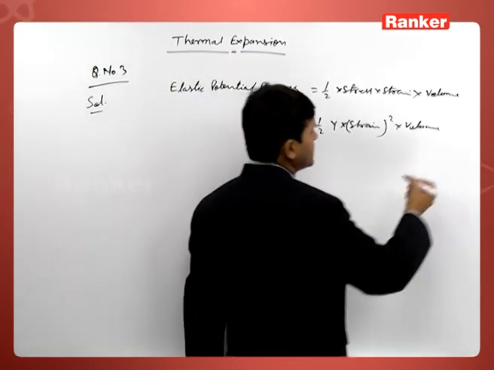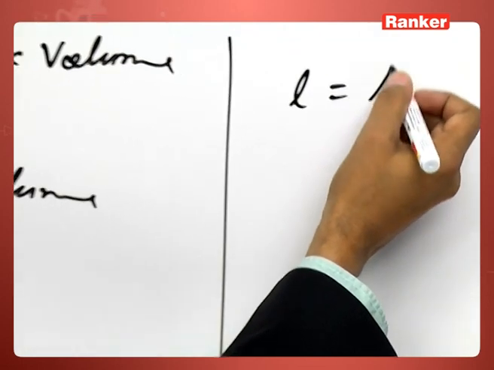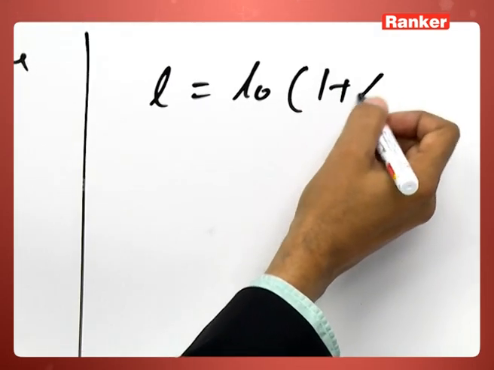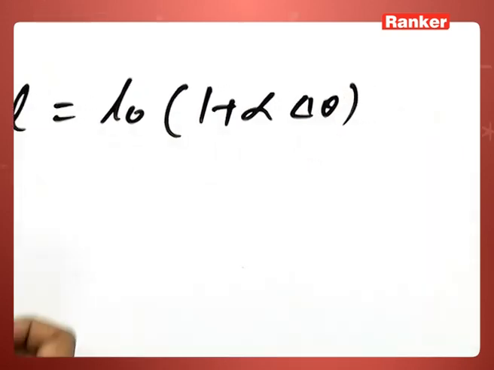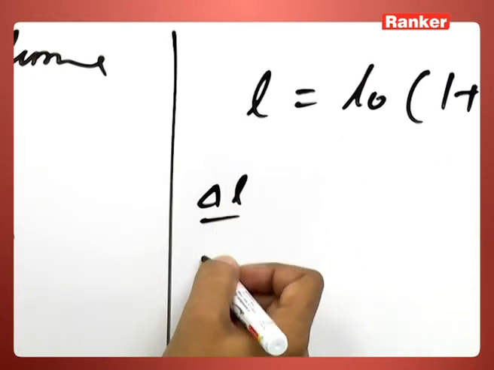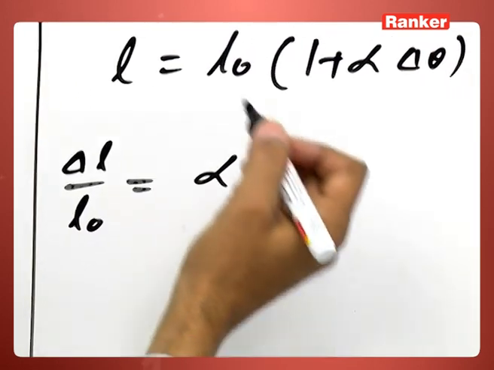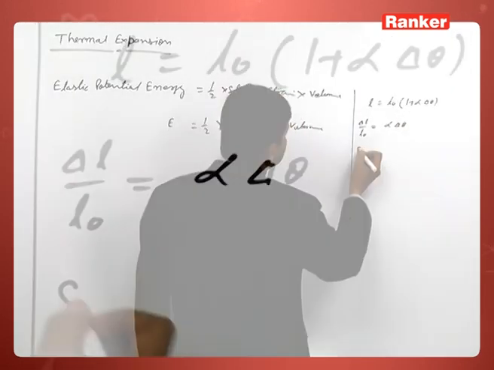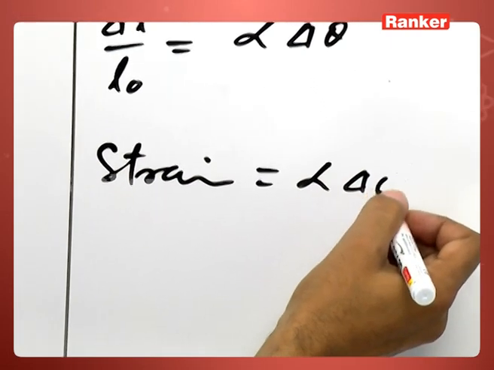As we know, L is equal to L naught into 1 plus alpha delta theta. So delta L by L naught is equal to alpha into delta theta, that is called your strain. Strain is alpha delta theta.